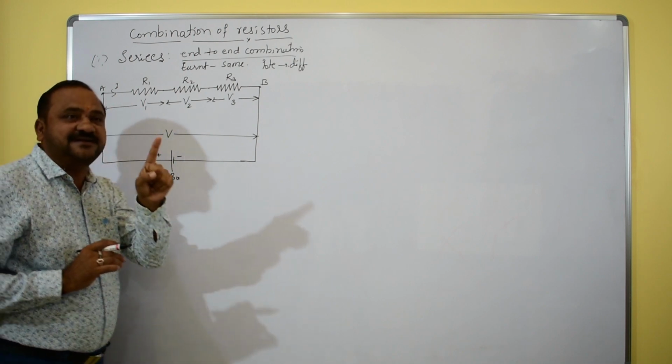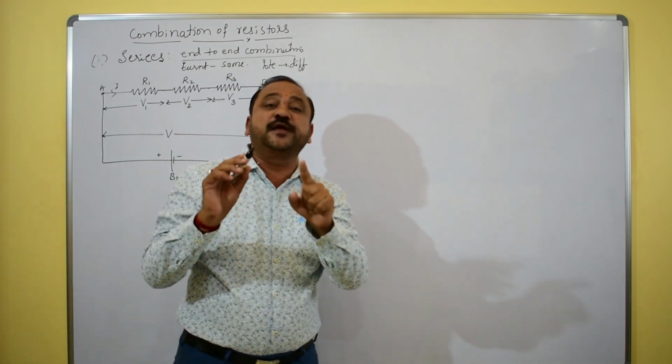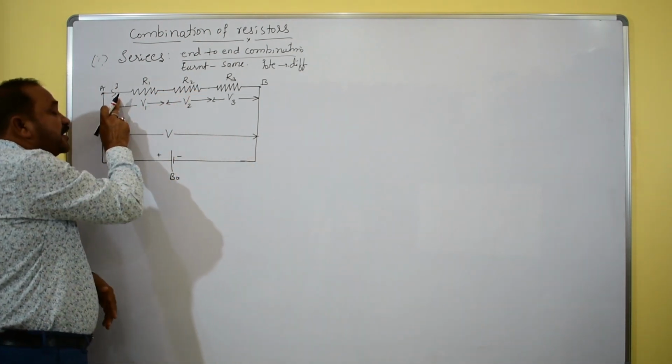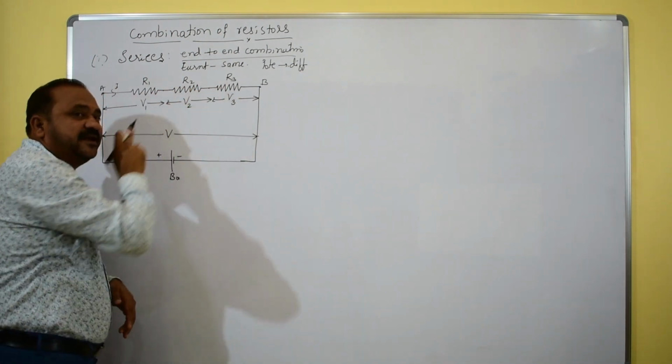I must be the current. The same current must be flowing through this combination. After the end to end connection, the same current I is flowing through this combination.